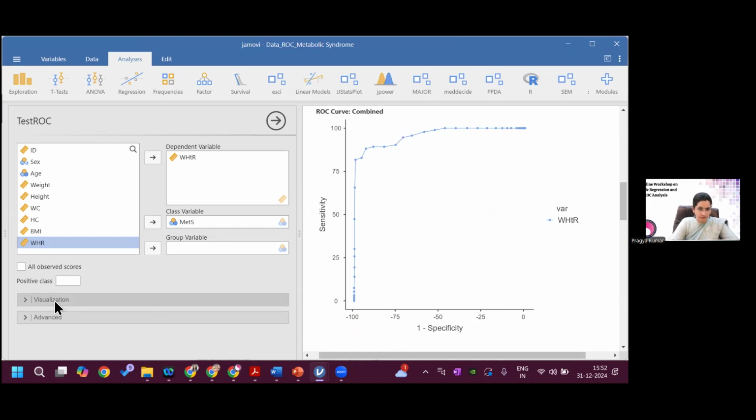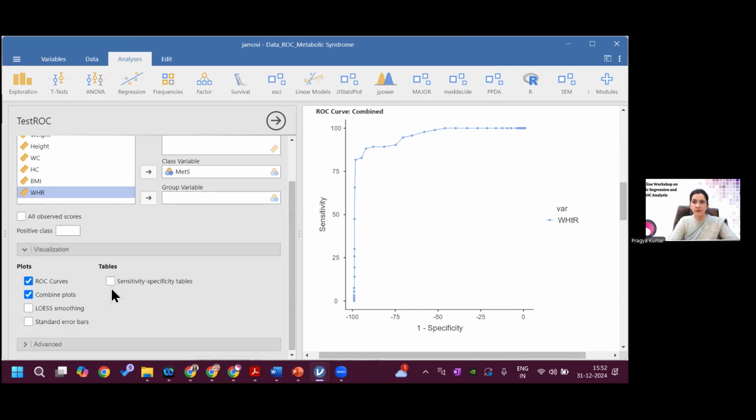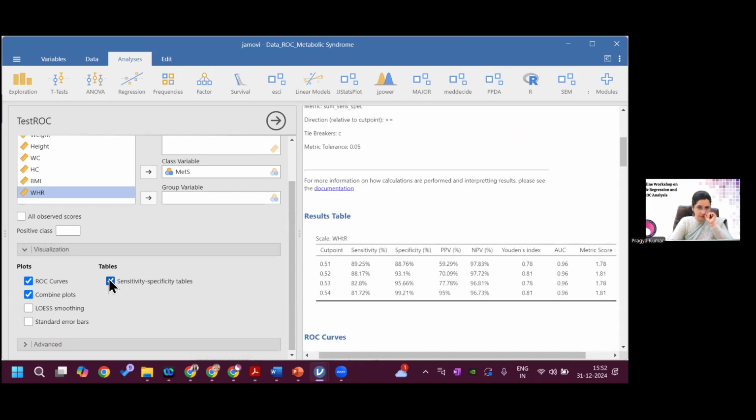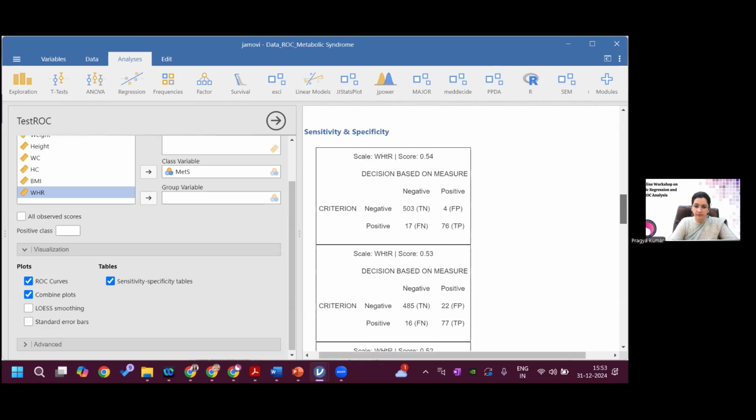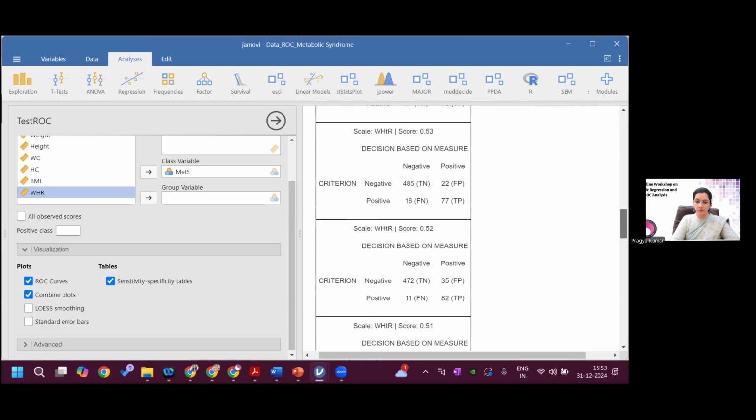If you come to visualization, by default, you can plot the sensitivity specificity table, and it gives you the sensitivity and specificity at each cutoff. If you take a cutoff of 0.54, it gives you the 2x2 table. At 0.53, it gives you a 2x2 table. So it gives you a 2x2 table at each cutoff.